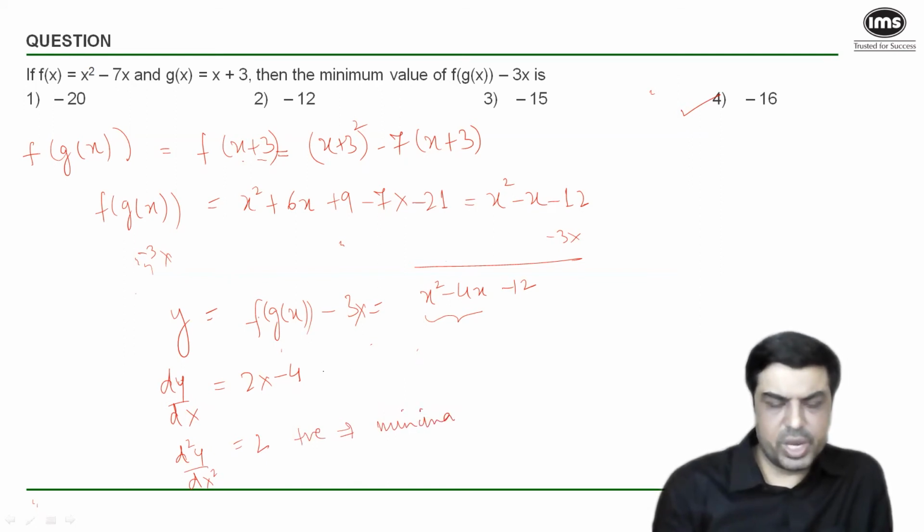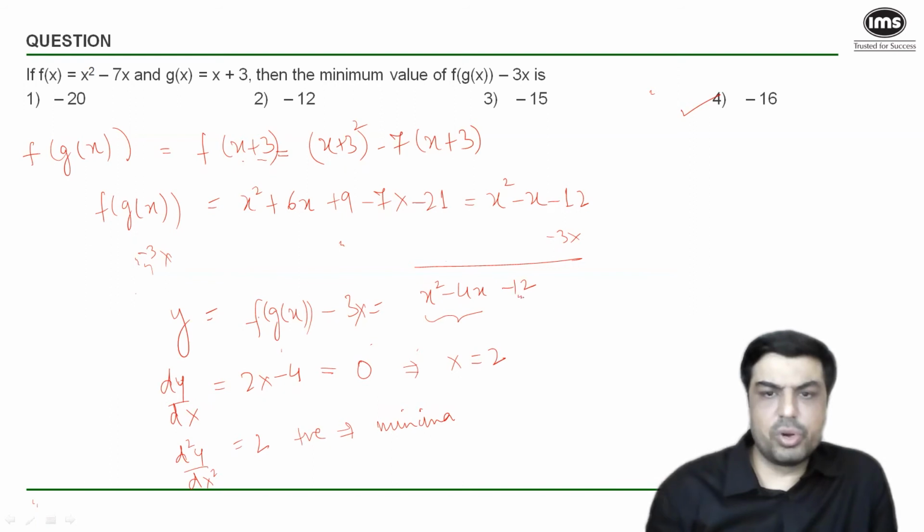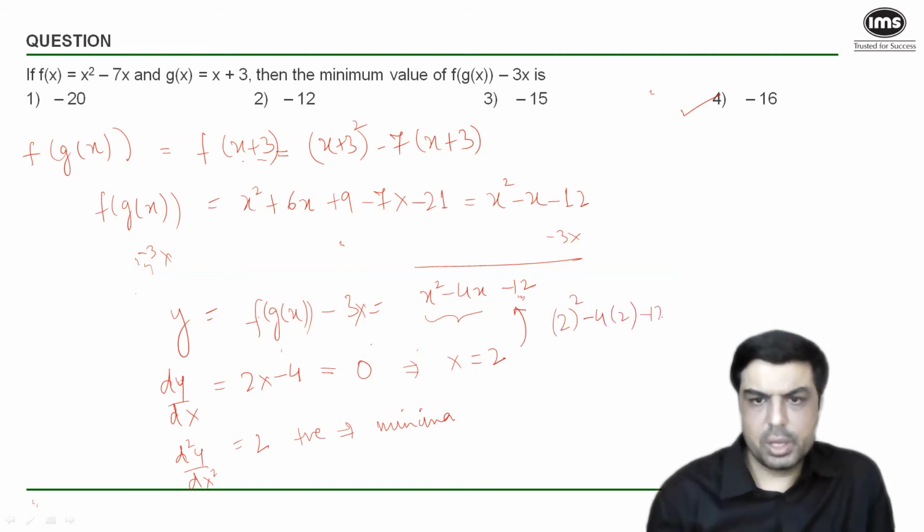Where do I get this minima? When my dy by dx is 0, which means when 2x minus 4 is 0, or x is equal to 2. What is the minimum value of the expression? Once you've got x equal to 2, just put the value of x as 2 in this expression. So what we get is 2 square minus 4 times 2 minus 12, and that is minus 16.